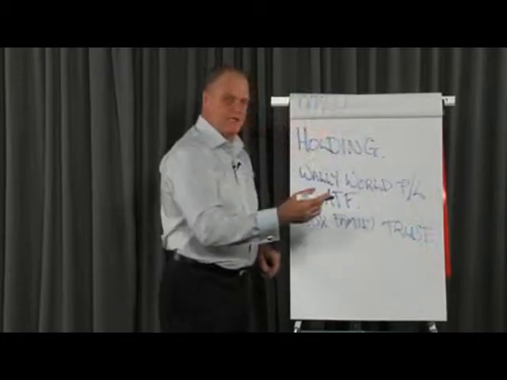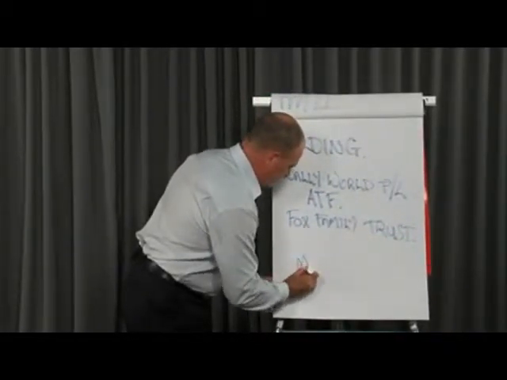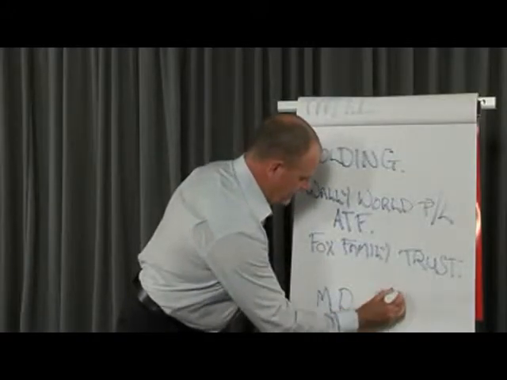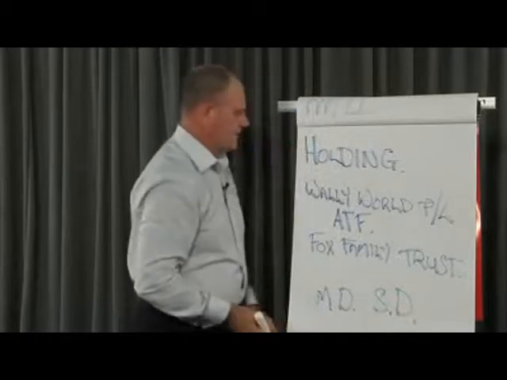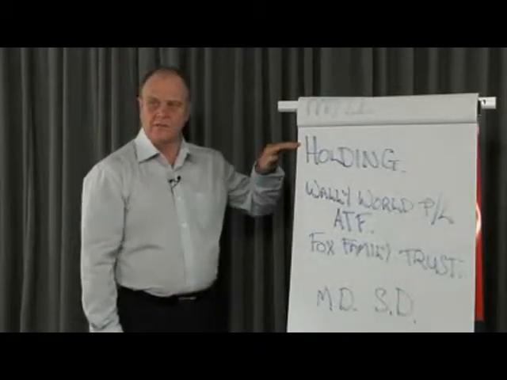Now, remembering that a trust has beneficiaries, the beneficiaries might be mum, dad, son, daughter. So what happens is the holding company holds the property.